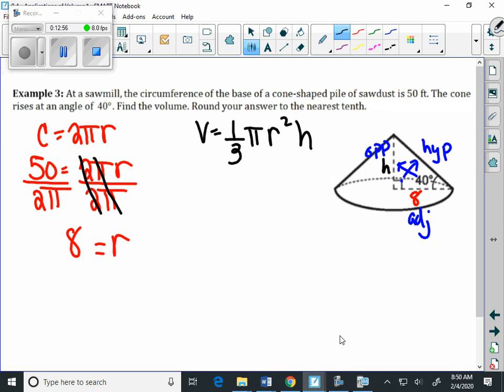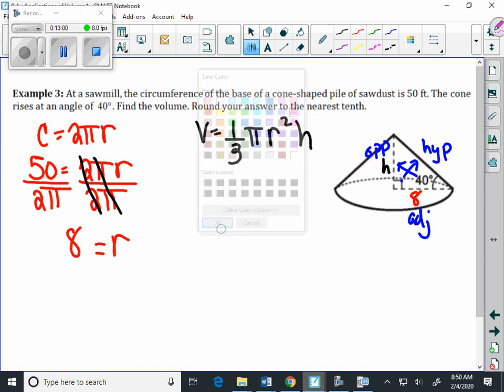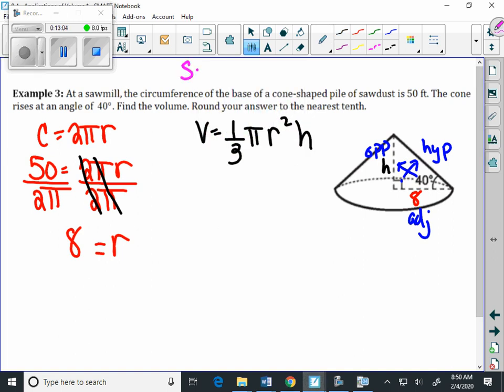And just a reminder here, when we think back to our trig work, is that sine is the opposite over hypotenuse. Cosine is the adjacent over the hypotenuse, and tangent equals opposite over adjacent.